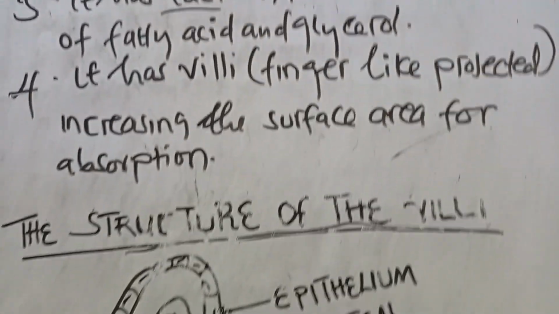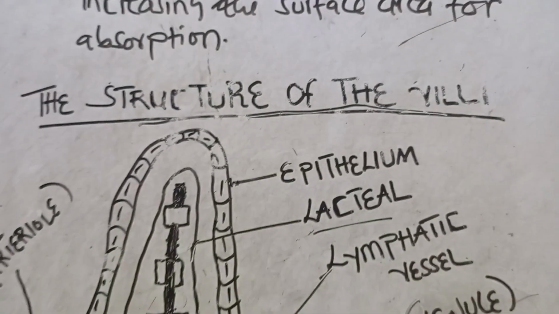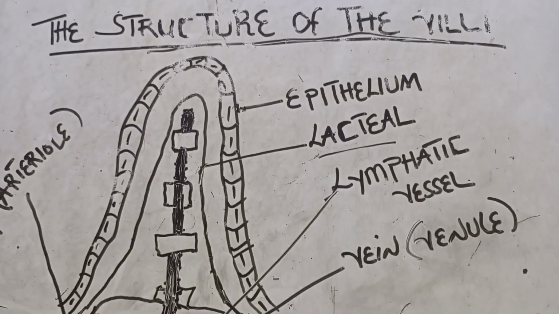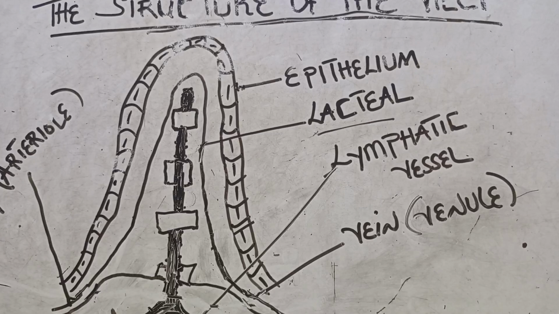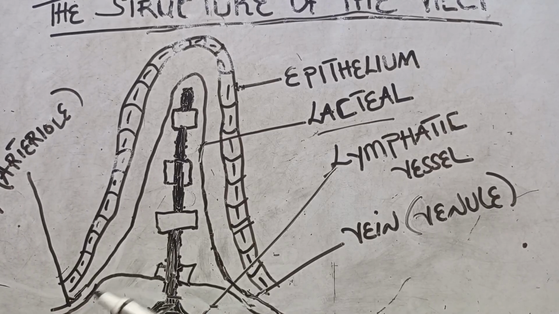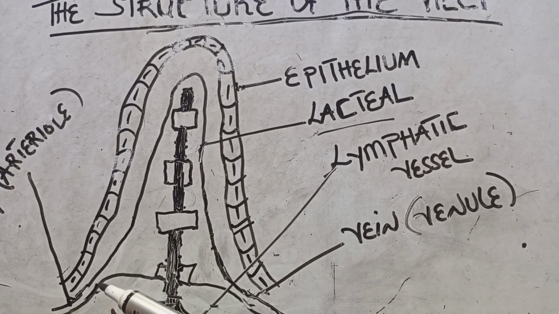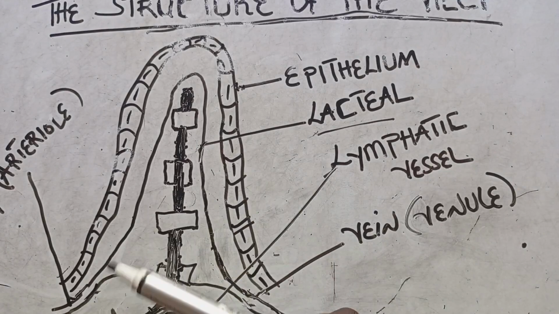So we can see on this diagram that this villi is projected. Have you seen? So it increases the surface area. That process of the food, that is the end product of digestion, talking about the glucose.